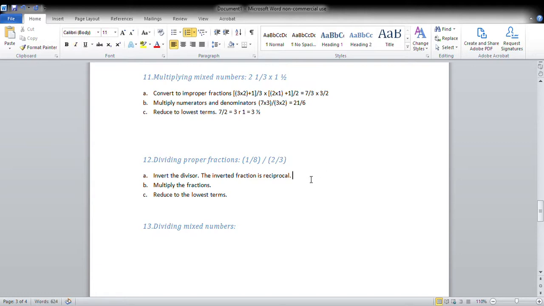So invert the divisor. That means that 1 over 8, then we invert the second fraction, which is the divisor. So 2 over 3 becomes 3 over 2.